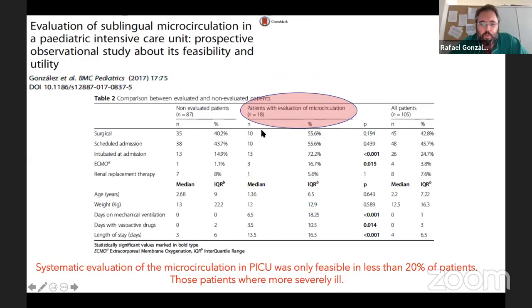But the patients in whom we could perform the measurement were those who were intubated on admission or were on ECMO, and they were the sickest. They had longer time of mechanical ventilation, longer stay in the ICU, and longer use of vasoactive drugs.